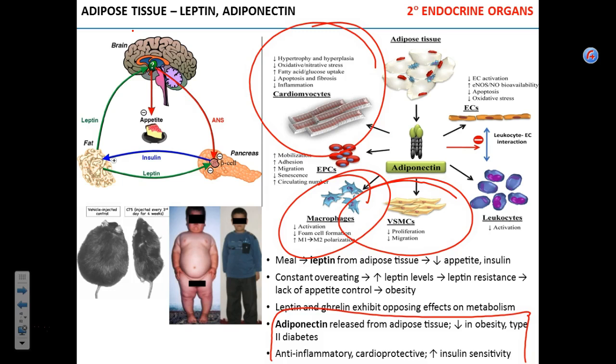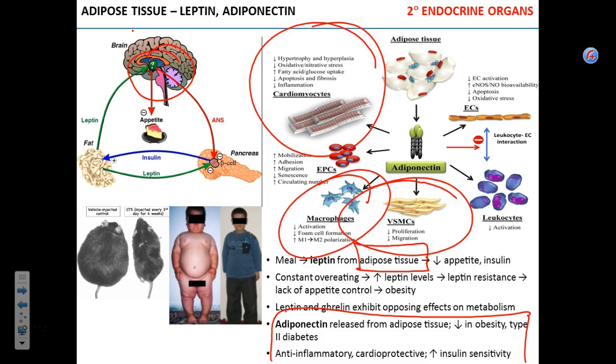So leptin is produced by adipose tissue, and it decreases appetite. It acts on receptors in the hypothalamus and decreases the sense of appetite. But interesting thing.